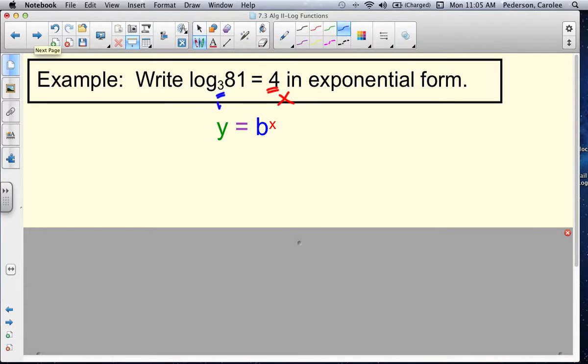Here is your b, and then this is your y. So we say 81 equals 3 raised to the 4. And is that true? We did show that earlier in our lesson. 3 times 3 times 3 times 3 is truly 81.